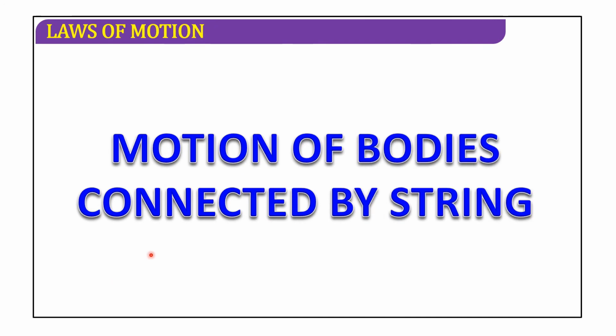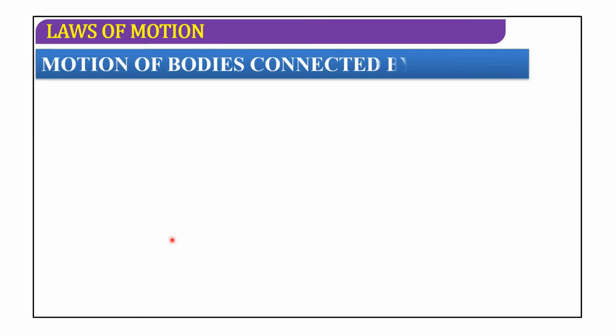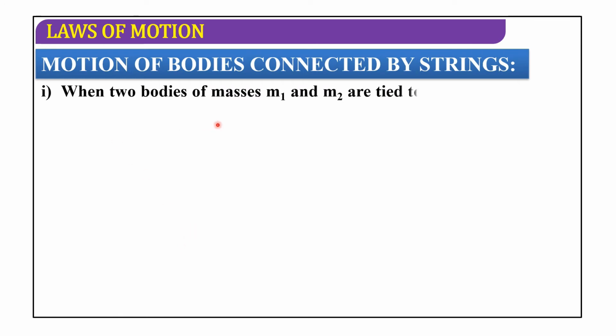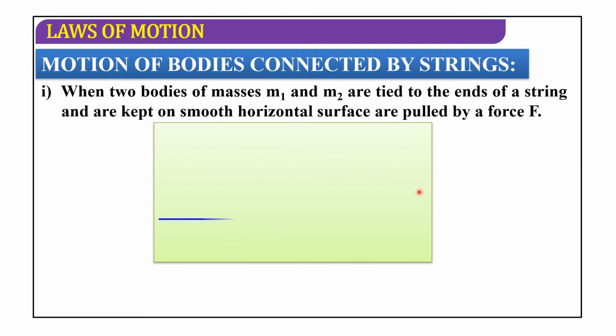Now next, motion of bodies connected by strings. When two bodies of masses M1 and M2 are tied to the ends of a string and kept on a smooth horizontal surface, or pulled by a force F. Observe this picture.